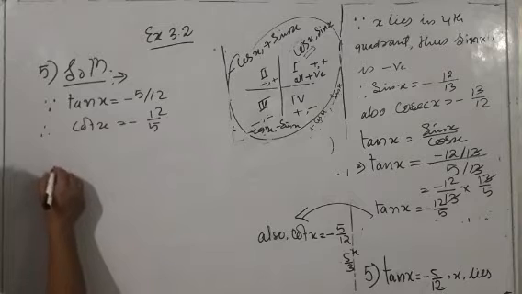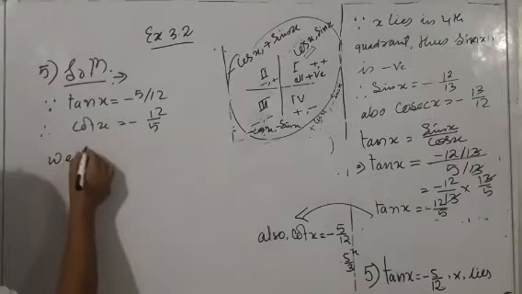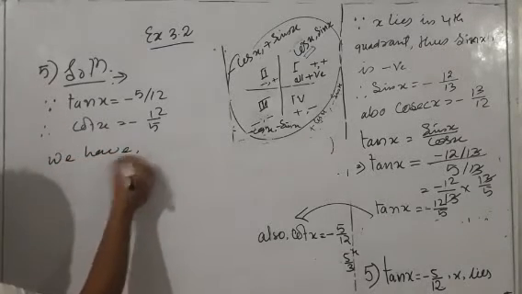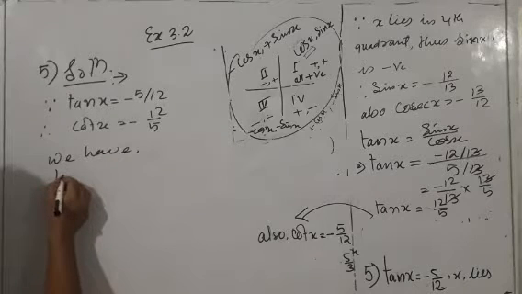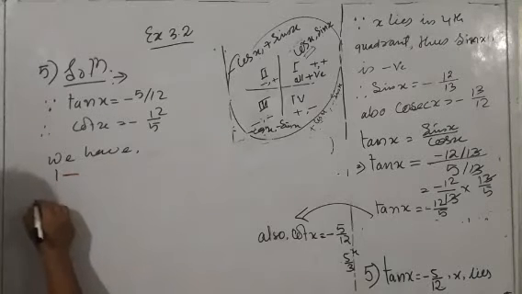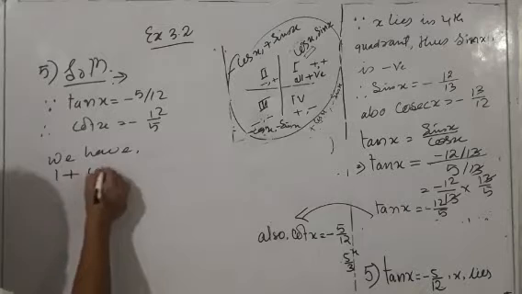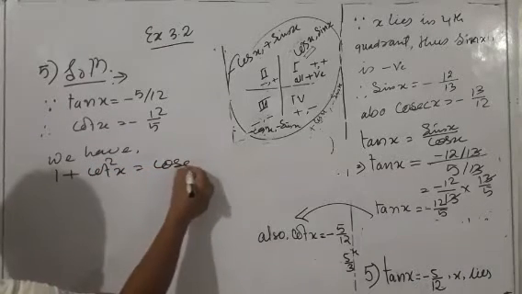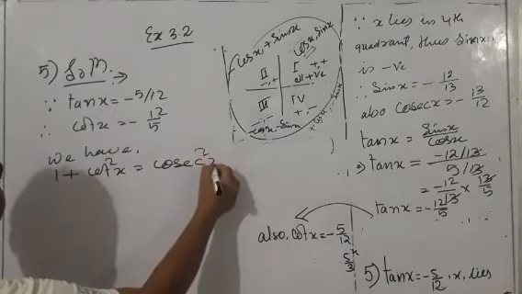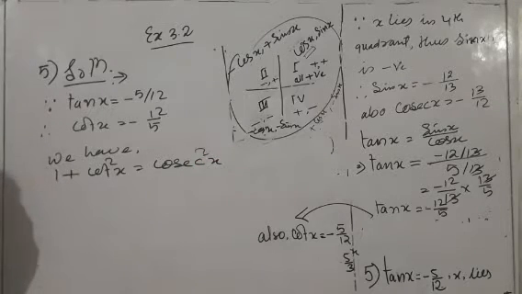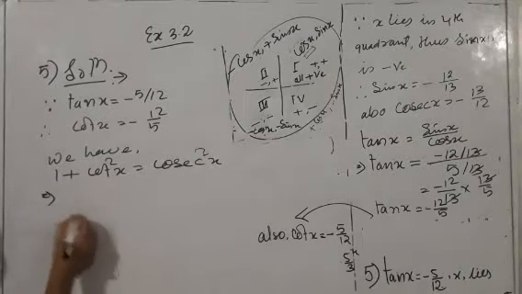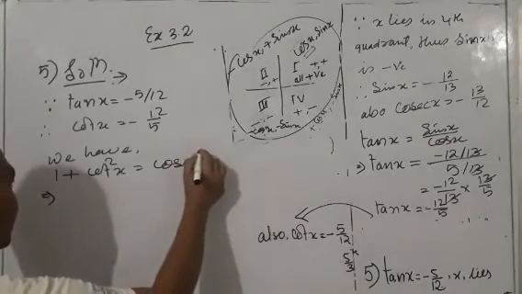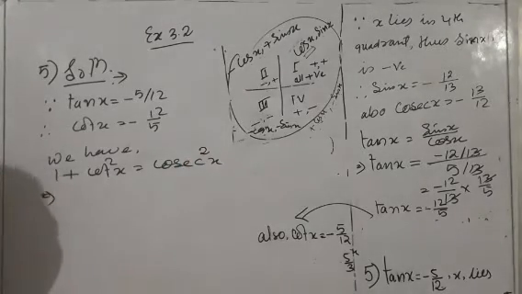We have 1 plus cot square x equals cosec square x, correct?